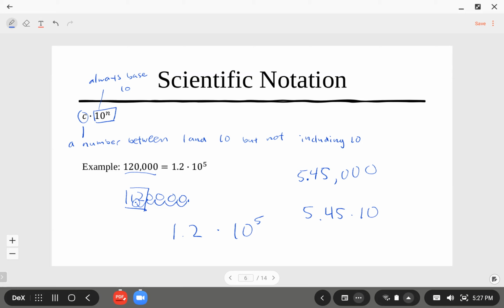Remember that little trick that I taught you. See the decimal point right here? Move it to where it's at the end of the number. So let's see. 1, 2, 3, 4, 5. And how many places you moved will be the exponent.